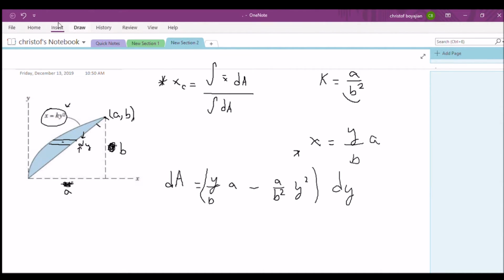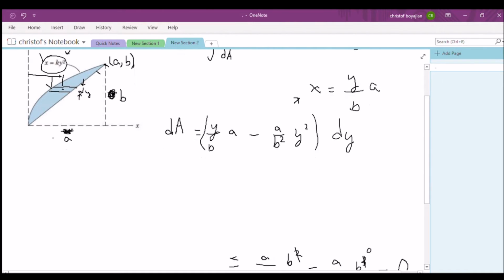Now x bar is our x coordinate to one of our cross-sectional areas of the centroid of one of these areas right here. So how can we find this? Okay, well, we need to know what this distance is, right? Can't we just say that this distance is this equation plus half of this distance?